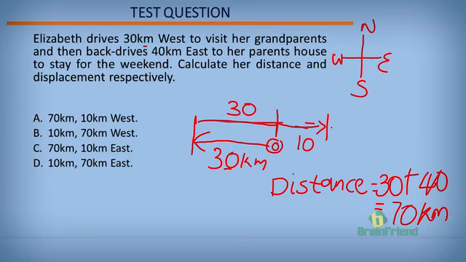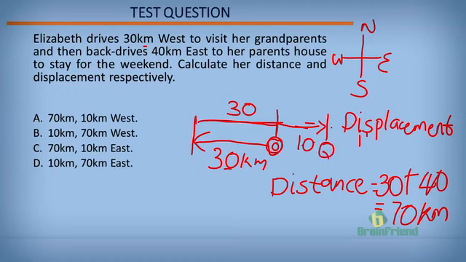Then for her displacement, displacement is your final position minus your initial position. This is her initial position, the 0 mark here. And finally, at the end of the day, after visiting her grandparents and her mom, she ends up at this position.